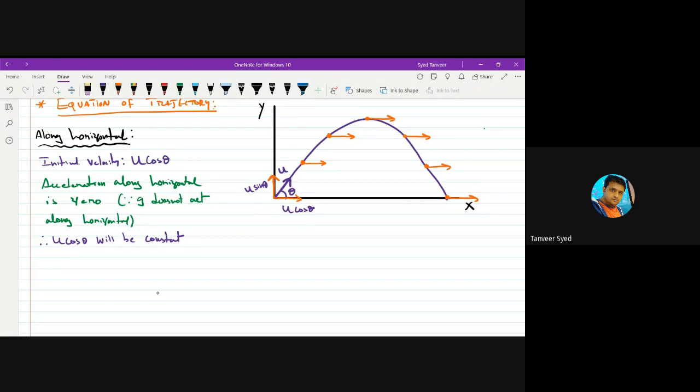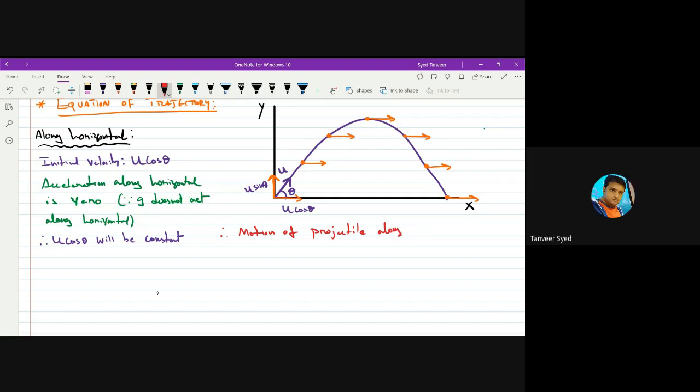Okay, so the motion of projectile along horizontal direction is uniform. Sir, when it is uniform, should be a straight line, but why is it that curve?